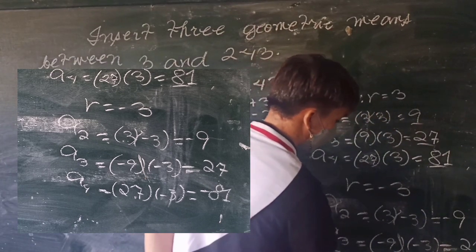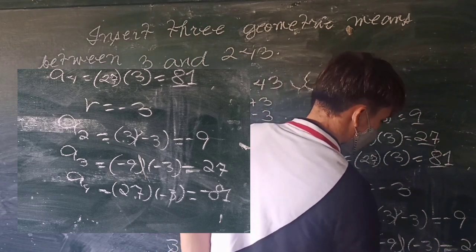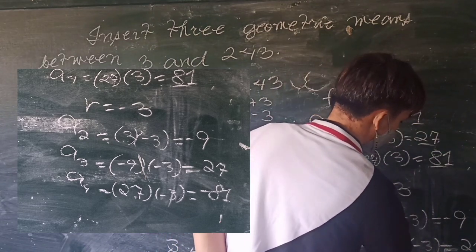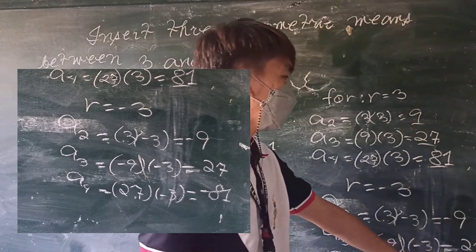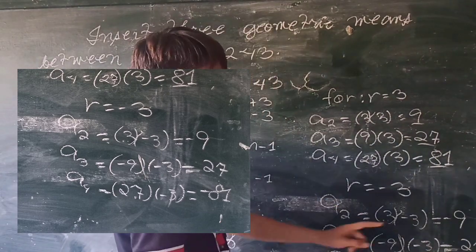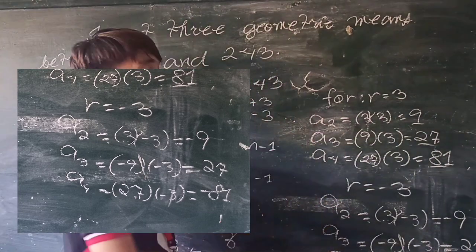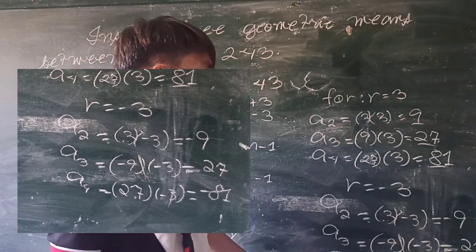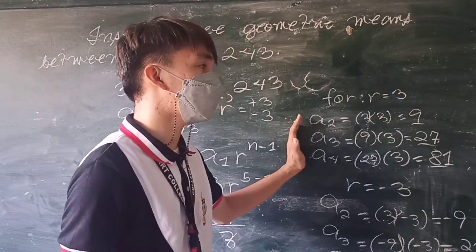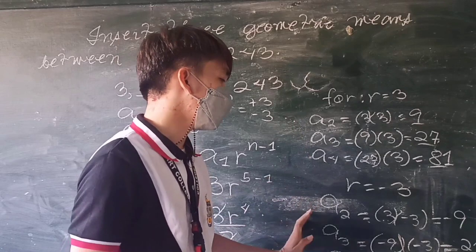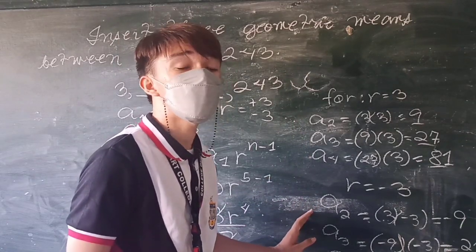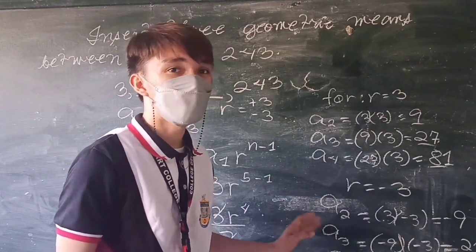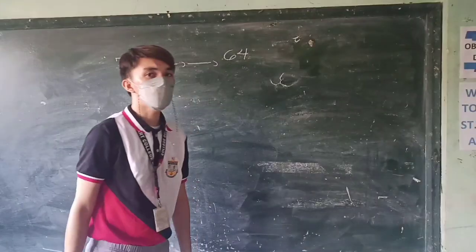Positive 27 times negative 3 is equal to negative 81. And to check, negative 81 times negative 3 is positive 243. So it's either of the two. These are the geometric means if r is equal to positive 3, and these are the geometric means if r is equal to negative 3. Get it, class?